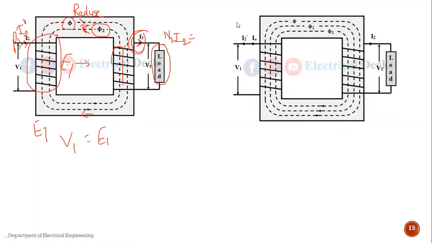Due to that I2 dash amount of current, it will set up some flux phi2 dash in the core. Have you understood what I said?